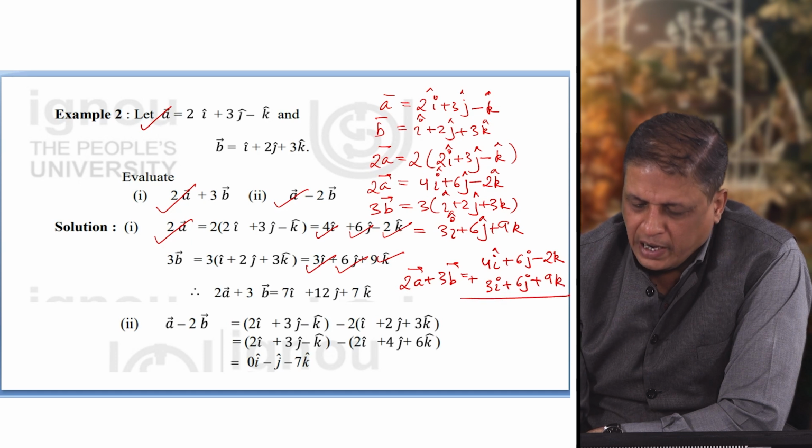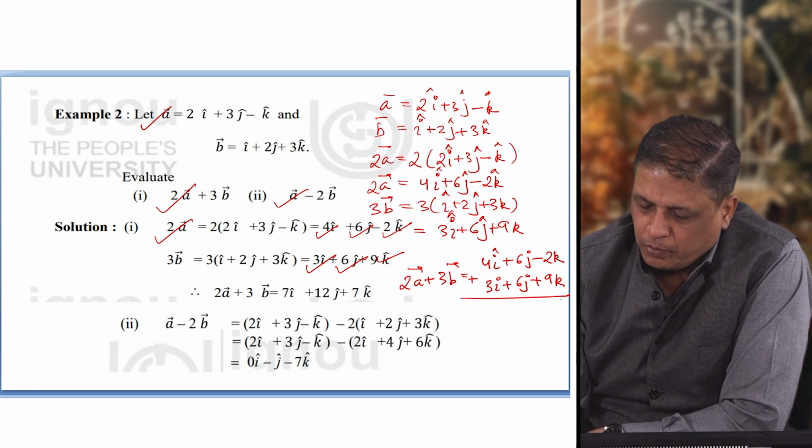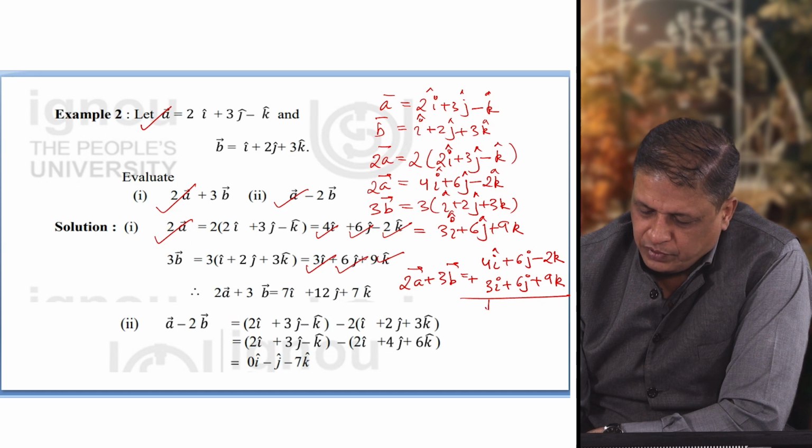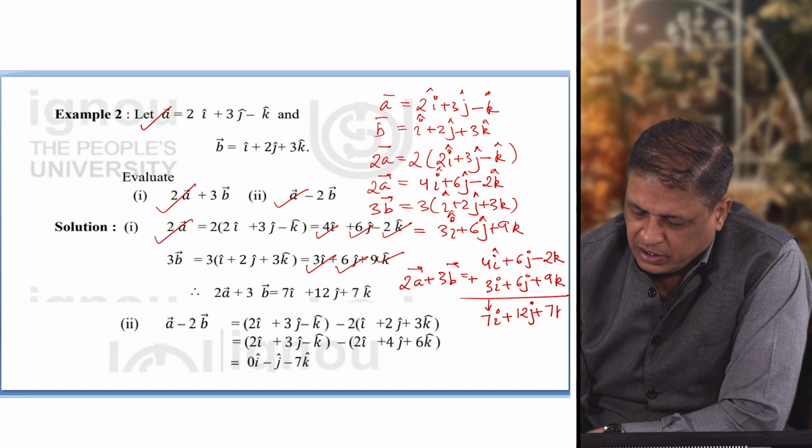You need to add the i component with the i component, j component with the j component, k component with the k component. So this will turn out to be 4 plus 3 is 7i, plus 6 plus 6 is 12j, plus 9 minus 2 is 7k.